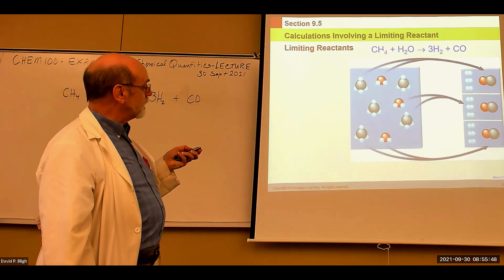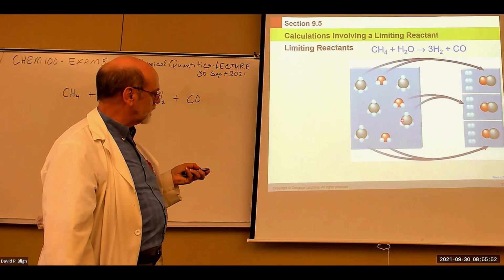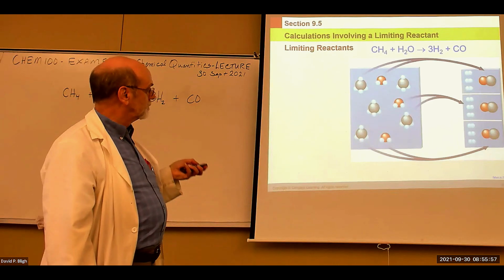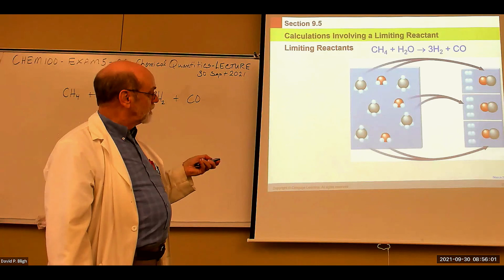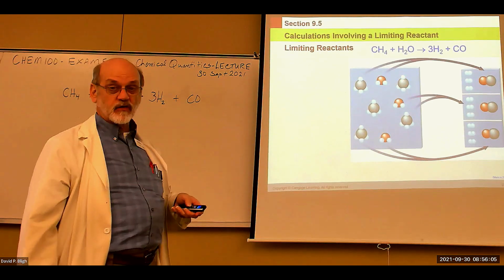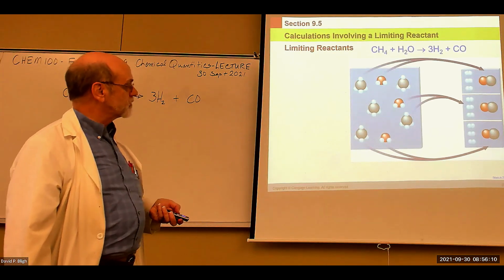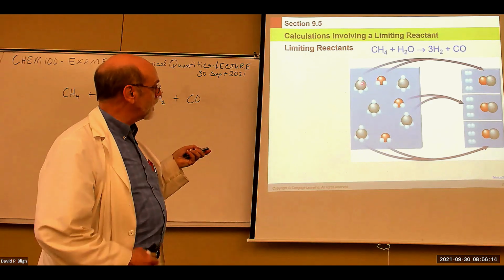So in this case, we need 1, 1 here, 1, 1 there, okay, 1, 1 here, 1, 1 here. Which one's limiting? Water is limiting in this scenario because we have methane, these 2 methanes left over, right? So how much of the products can we produce from this arrangement?